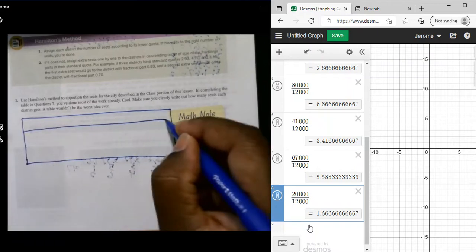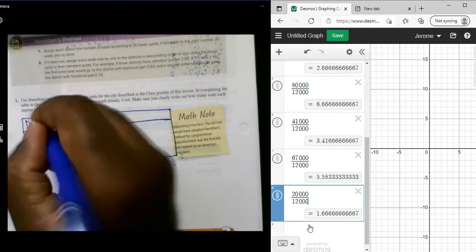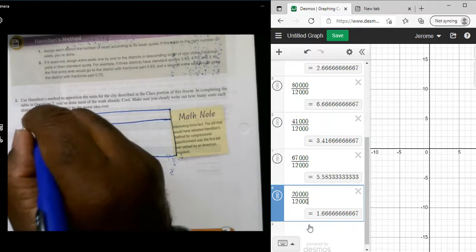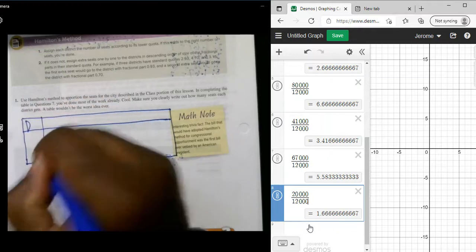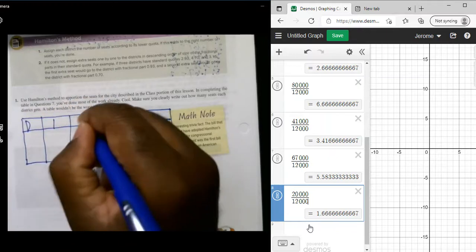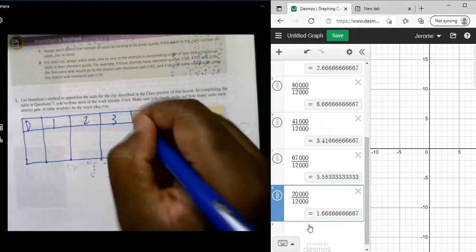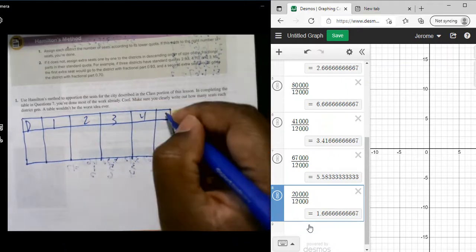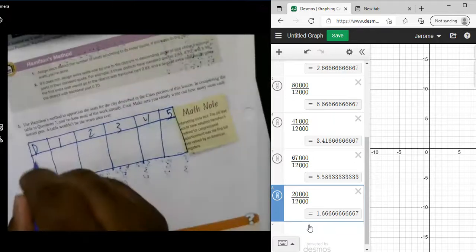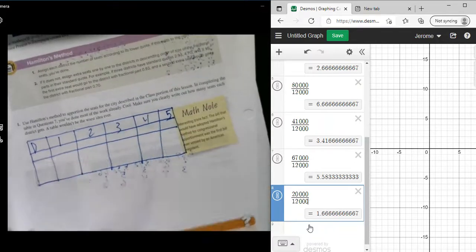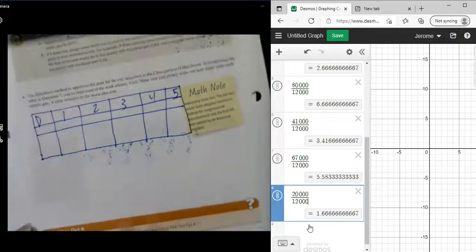But let me go ahead and do a table. So we'll do a district. I just put D for the district. And then we have 1, 2, 3, 4, and then 5. And then we will have the standard quota.